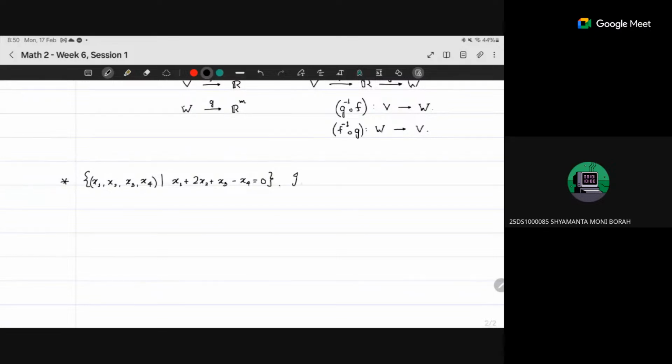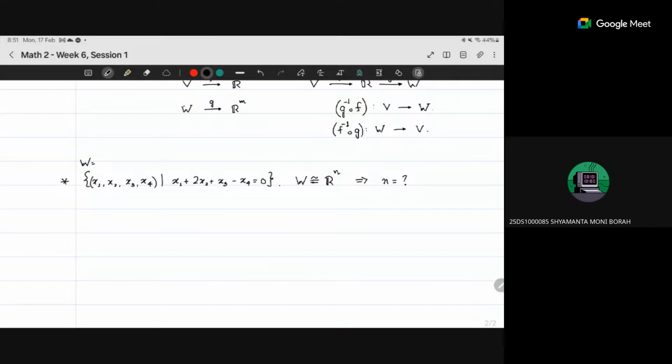So the question is this: is W isomorphic to Rn? Let's say this guy is W. W is isomorphic to Rn implies n is equal to what? So this is the question.